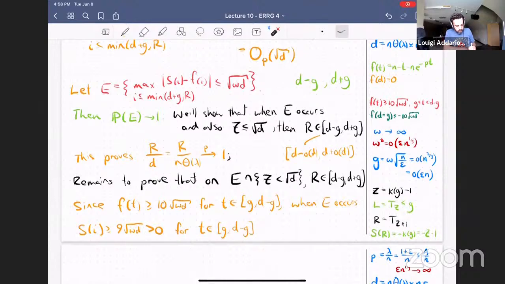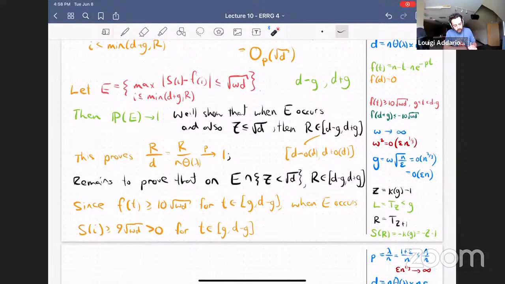But at time r, s is minus z minus 1. In particular, it's negative, right? And r doesn't occur before time g, because the time L is the last time before g that we hit a new local minimum, right?